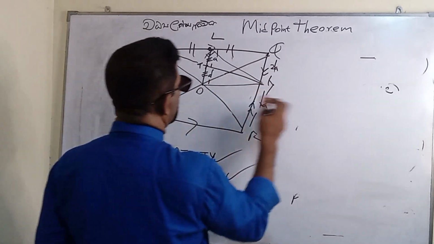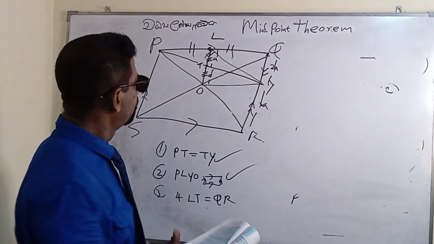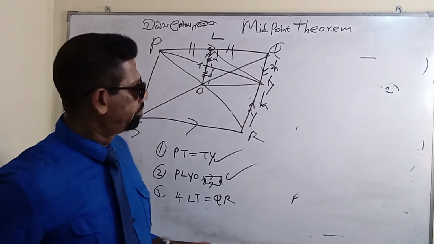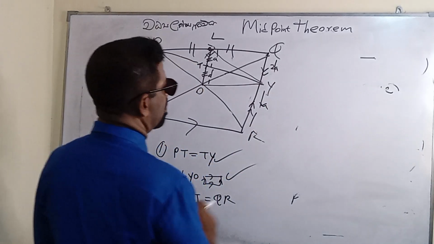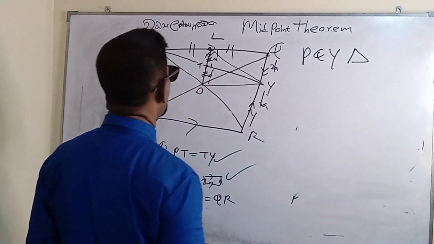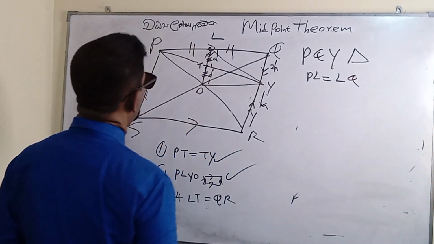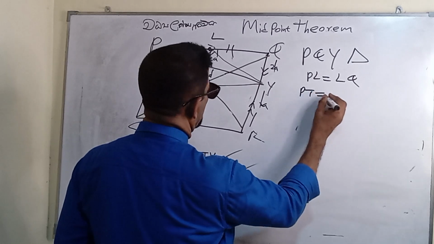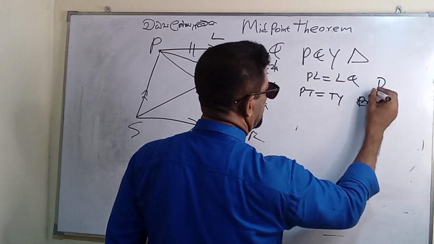Then you select PQR. Then you can write triangle PQY: PL equals LQ is data, and PT equals TY is proved.